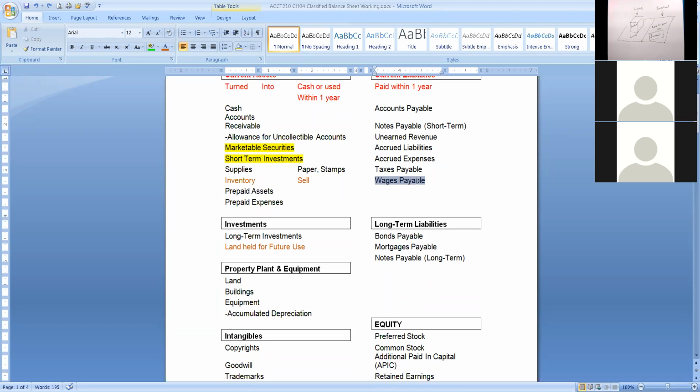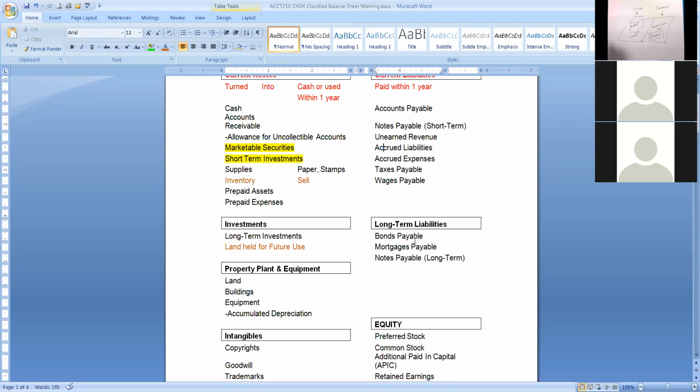And wages payable, if you owe people wages, you have to pay them within 1 year. It's possible that goes into long term, for people higher up in the company who get bonuses that are 3 years out or something. But for the most part, this is all current.